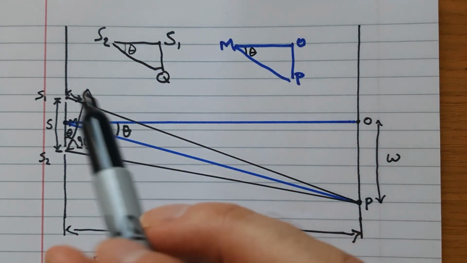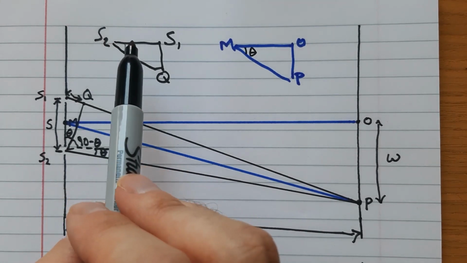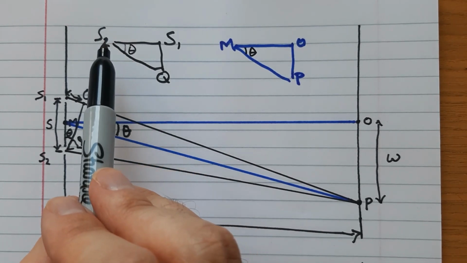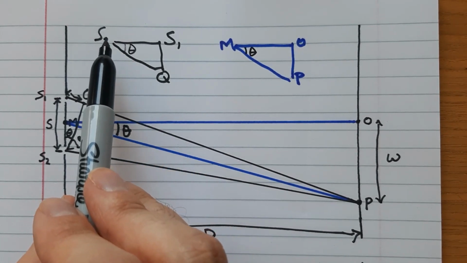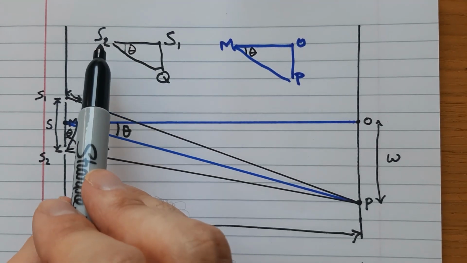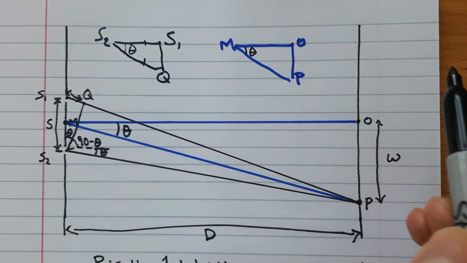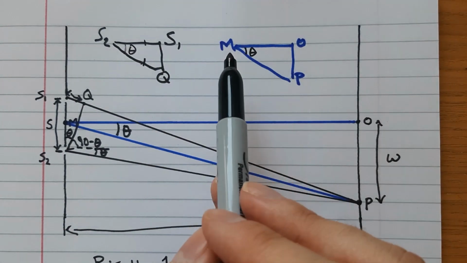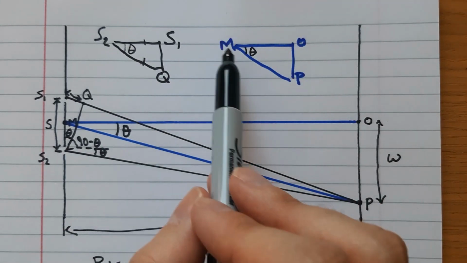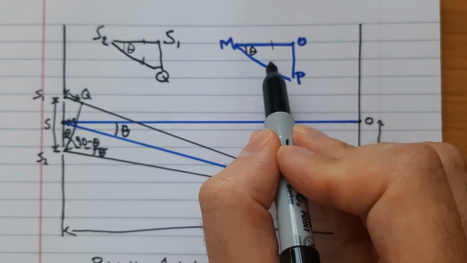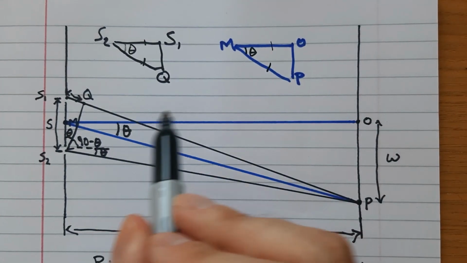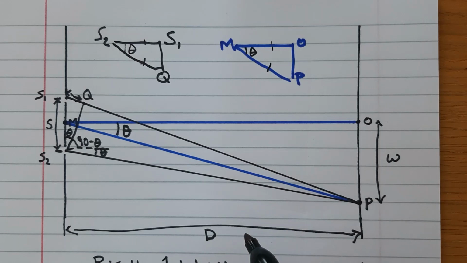Also, the distance S2 to Q and the distance S2 to S1 are approximately equal. And the distance M to O and M to P are approximately equal, which means I have similar triangles.